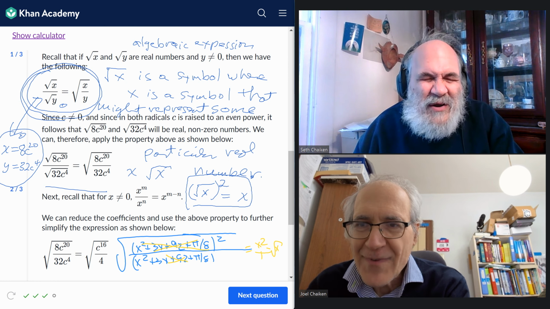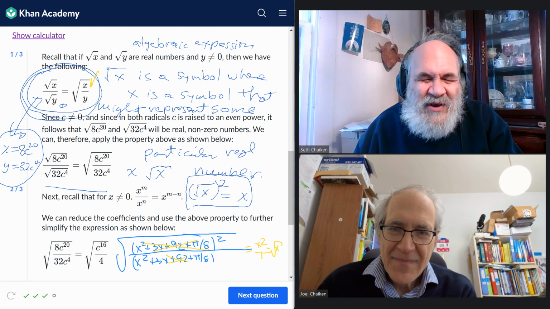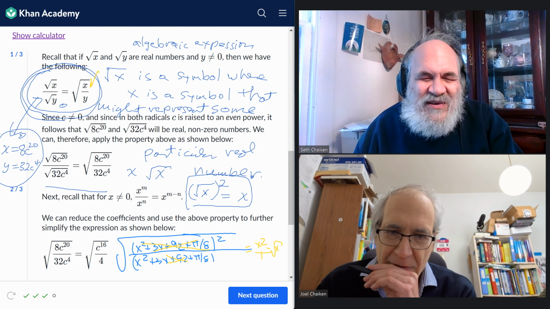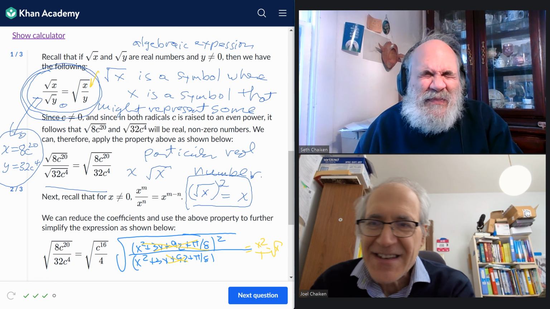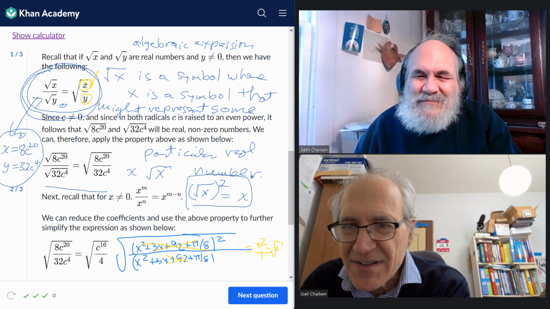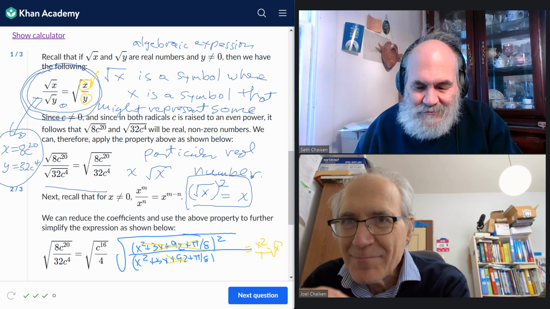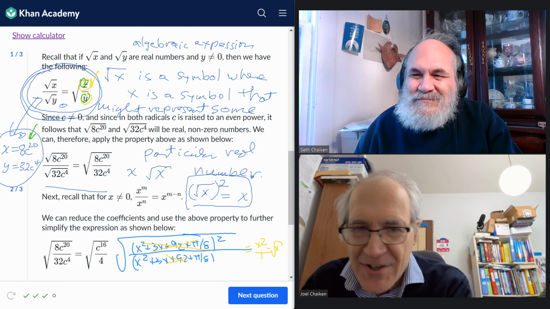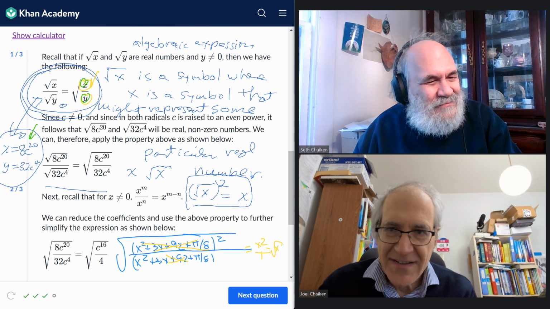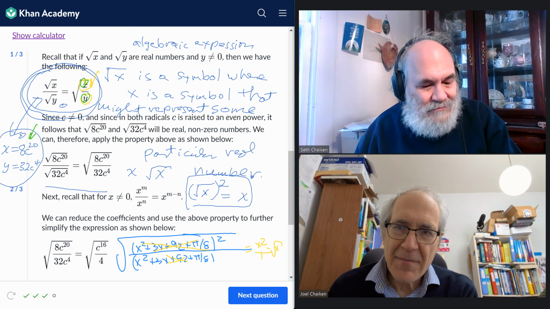So your yellow x is different from the blue x. The idea is that these represent more than just little numbers or even relatively simple expressions. This x and this y can be crazily complicated, and that's okay.